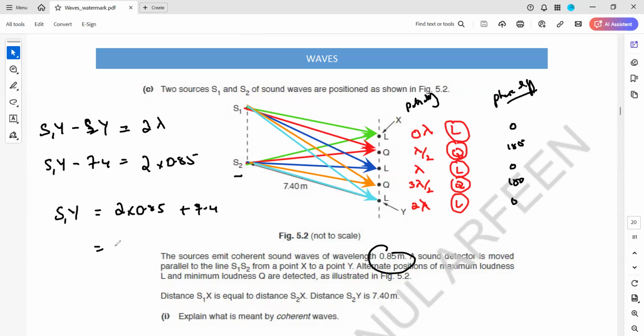So we got the sum here, which is 9.1 meter. That's the distance S1Y. Is the discussion clear, how we worked out the distance?